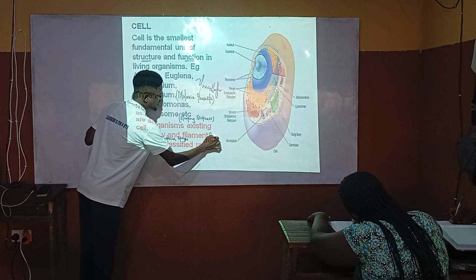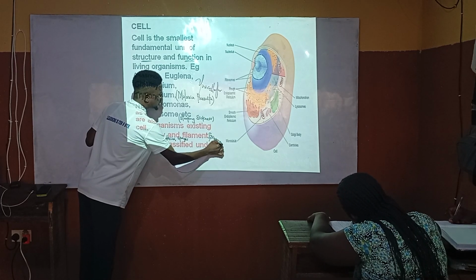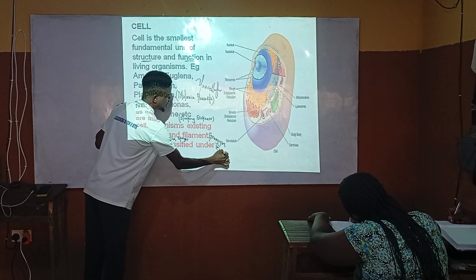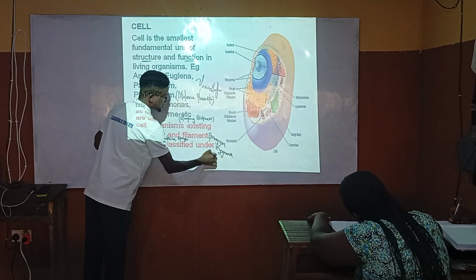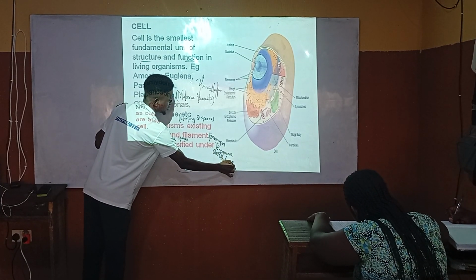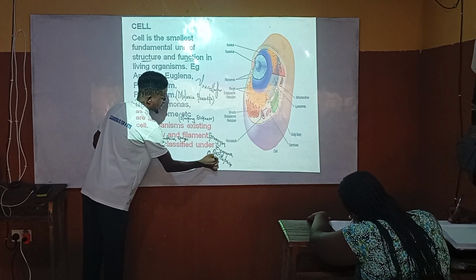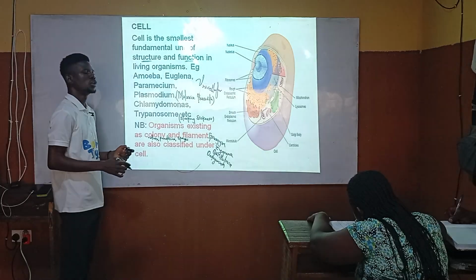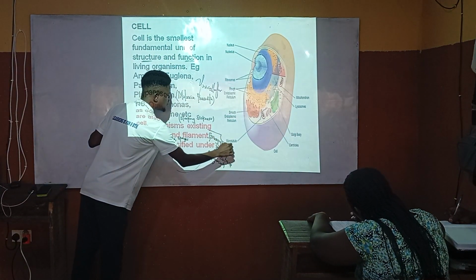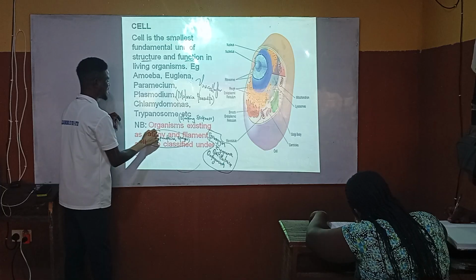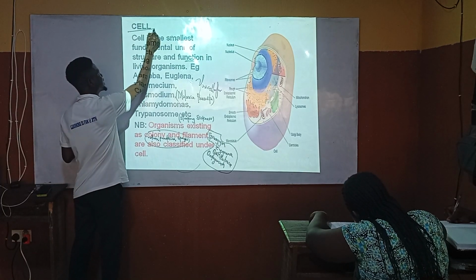Then, we also said those that exist as filaments. The typical example of a filamentous organism is Spirogyra. We also have Zygnema, Oscillatoria, Oedogonium, and so on. So in case you are asked, at what level of organization is any of these, we still consider them under cell.